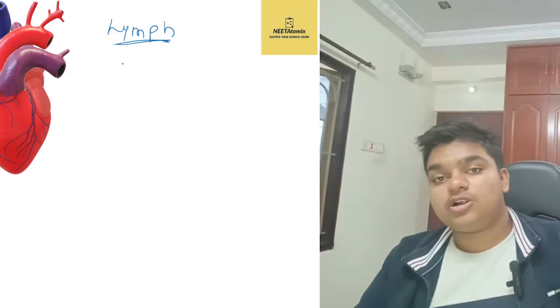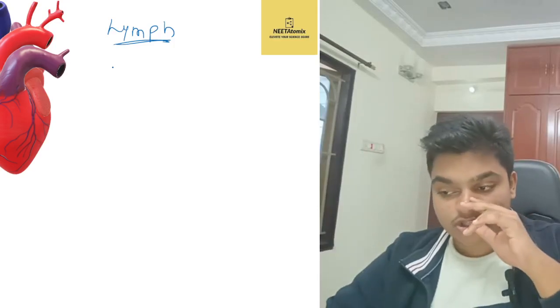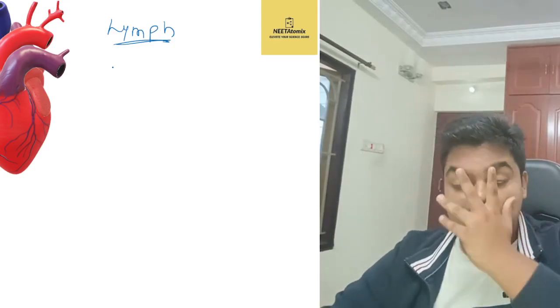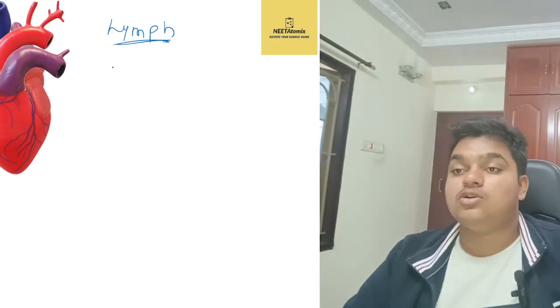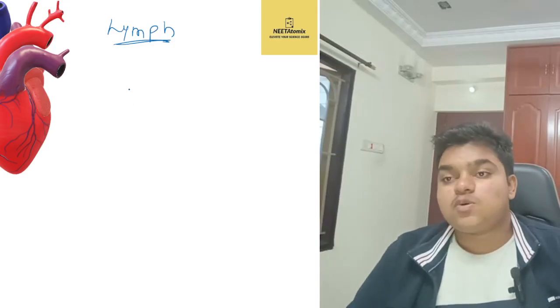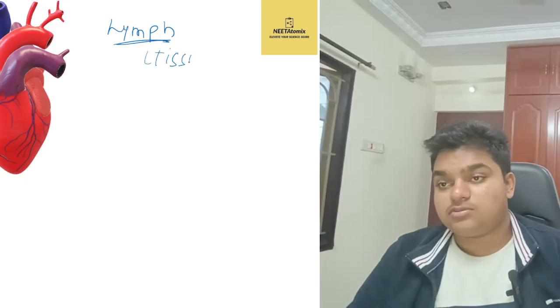We'll be completing all the introductory topics in this video, guys. In the next video, we'll see the human circulatory system, then we'll complete the body fluids and circulation chapter. Now, what is this lymph? How is this formed? Actually, this lymph is also called tissue fluid, or the extracellular fluid.